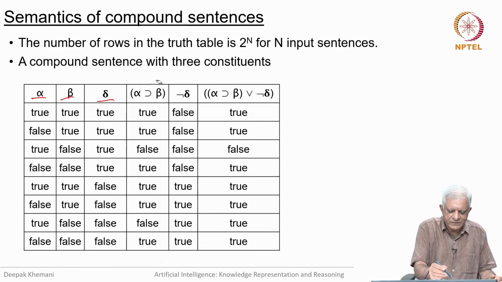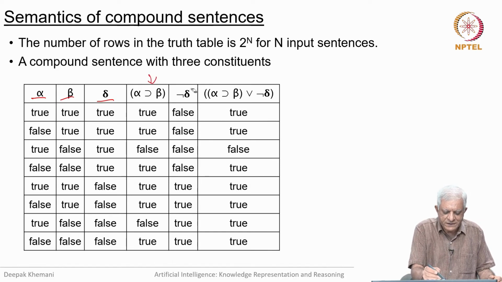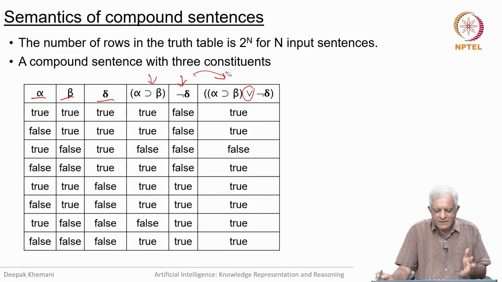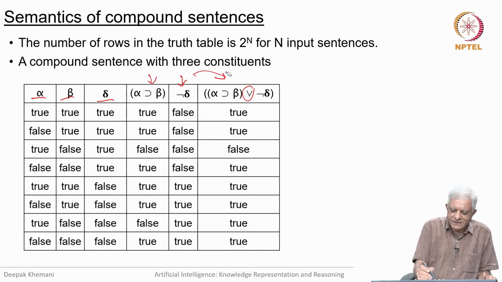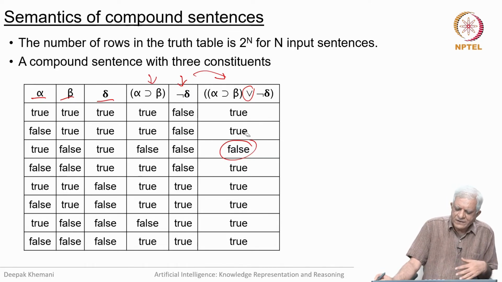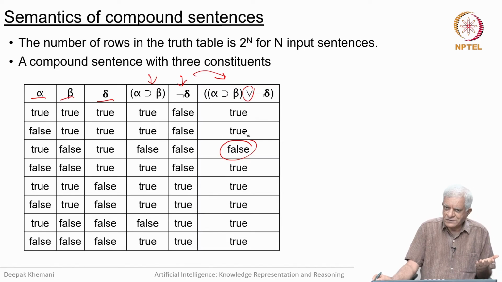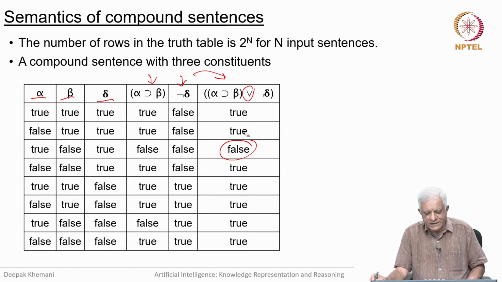So, we first construct alpha implies beta, and then we construct not gamma, and then the OR of these two things here. Okay. So, we can construct the thing and we can see that this is false in one case and it is true in the other case. So, in that way you can construct any arbitrary logic sentence and we can use the truth table to define the truth value of the compound sentence.